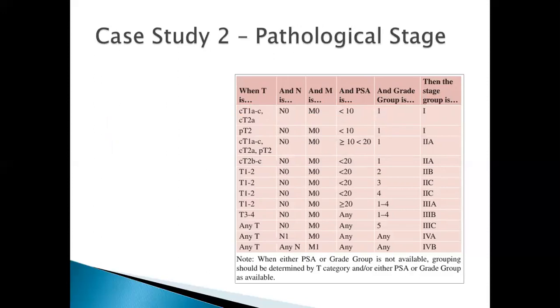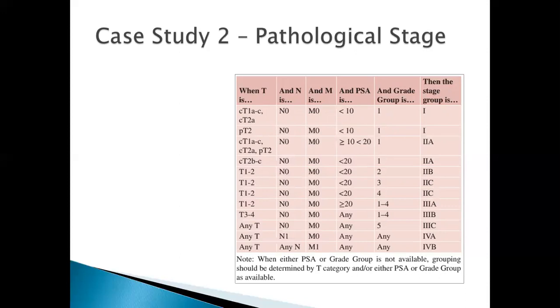All right, so now we go with pathological stage. Remember in the beginning of the presentation, what was the requirement for us to assign a pathological stage? The patient had to have a prostatectomy, or a biopsy proving T3 or T4, and lymph nodes removed. Well, none of that happened.